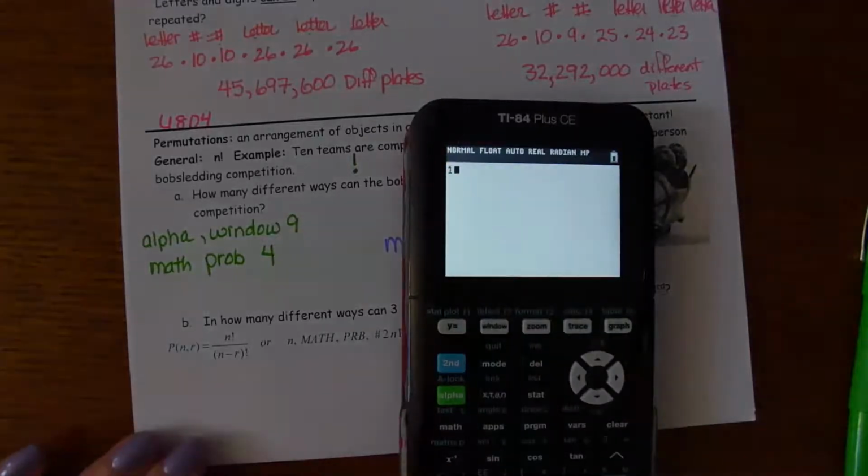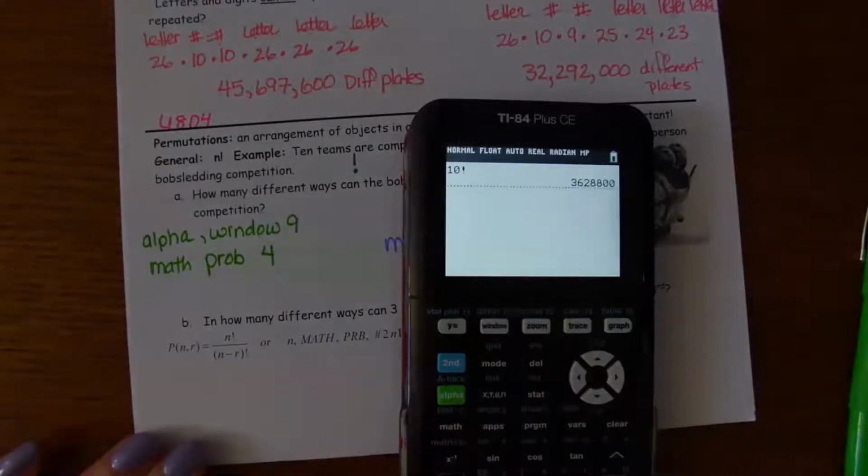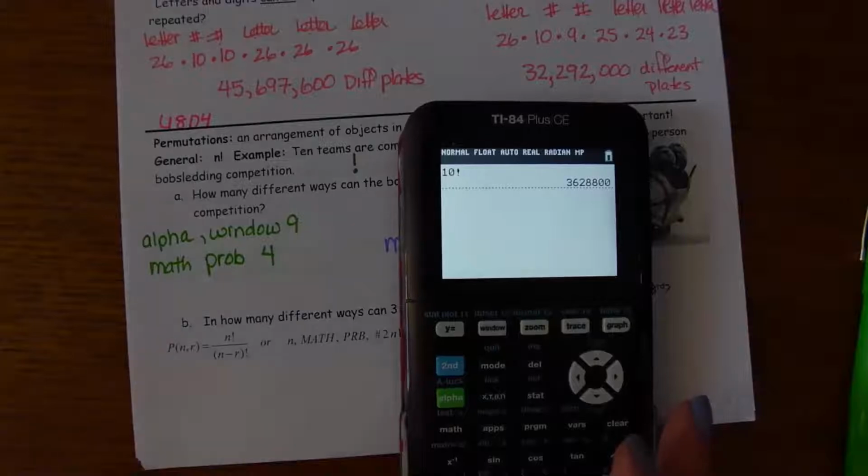And it's easy to put in. I'm simply going to write 10, and I need a factorial. So that's alpha window 9. And then I just hit enter, and that tells me how many ways I can do that. It's a lot of ways. Your answers might feel scary in this section because you think they're too big. They're not too big. There are a lot of ways, right?